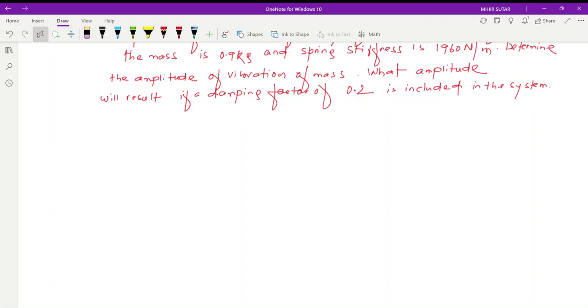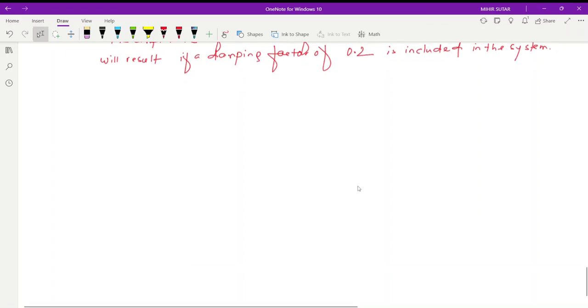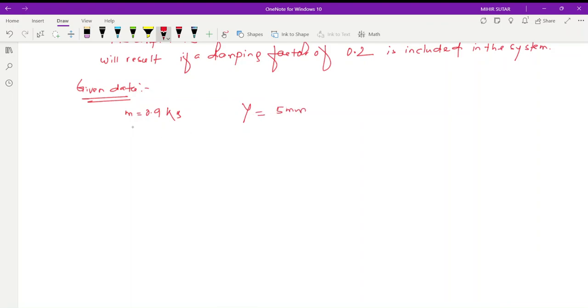Now let us solve this. We have the given data. Mass is 0.9 kg. Y is given 5 mm. Spring stiffness K is 1960 Newton per meter.